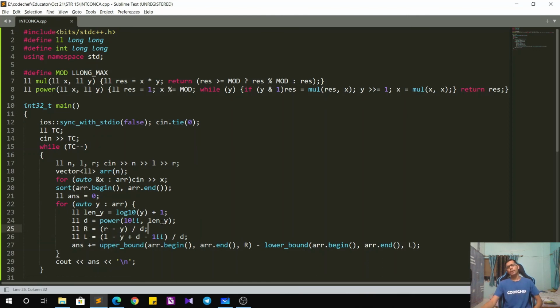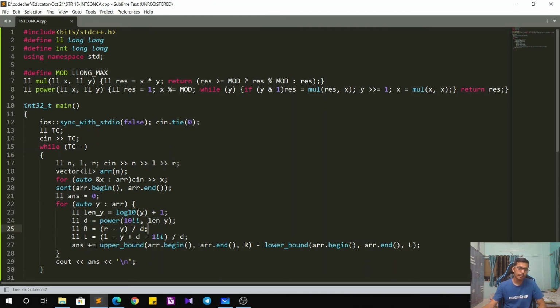Now we just have to apply upper bound and lower bound. That is basically binary search. So these are upper bound and lower bound implementations of binary search, but exactly what they are, you can read about them on the internet. They are very helpful in competitive programming.